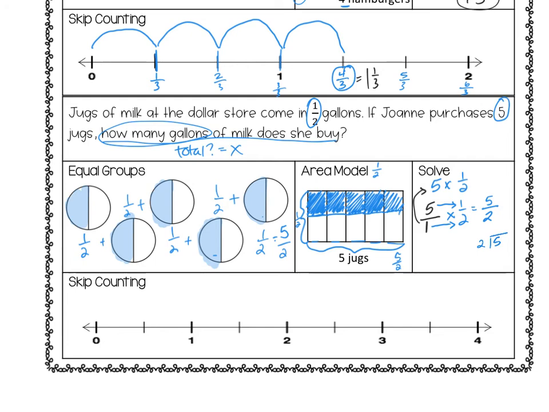So 2 goes into 5 2 times, and 2 times 2 is 4. Now I can subtract. 5 minus 4 equals 1. 1 is our remainder, but in 5th grade we no longer have remainders. So our remainder is going to be our numerator, and our divisor is going to be our denominator. So 5 halves is equivalent to 2 and 1/2.